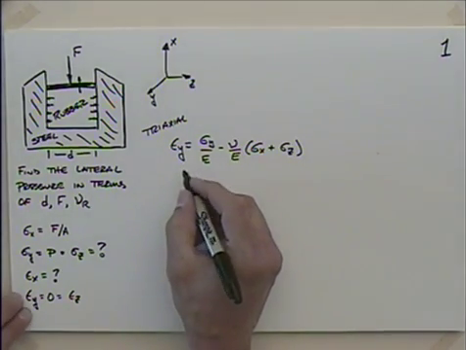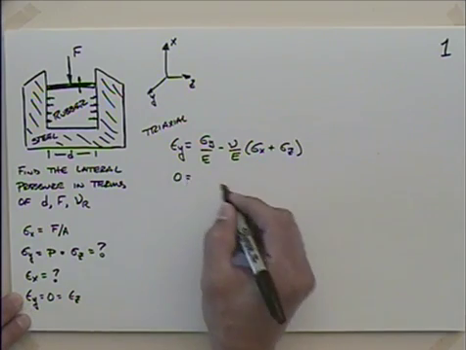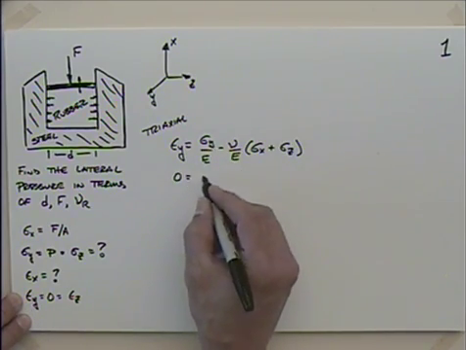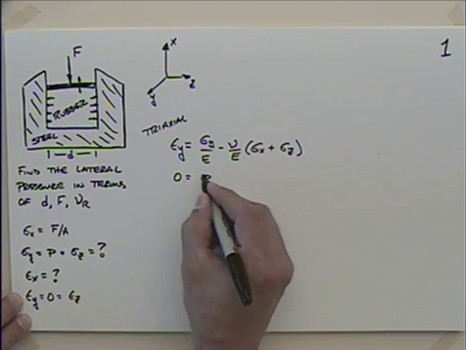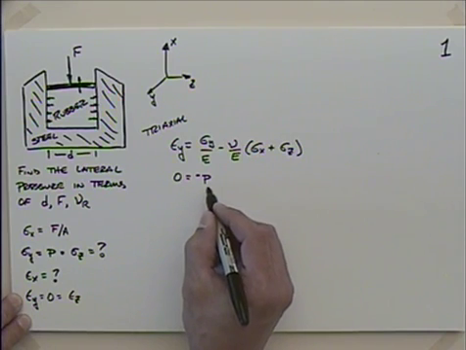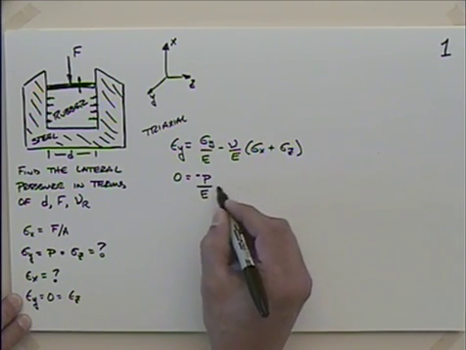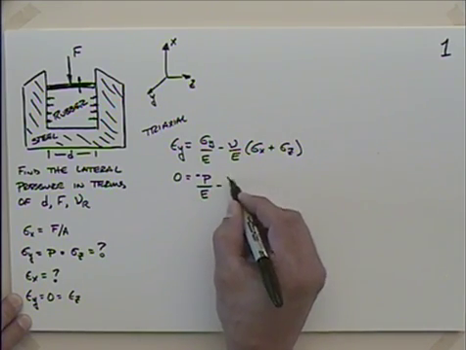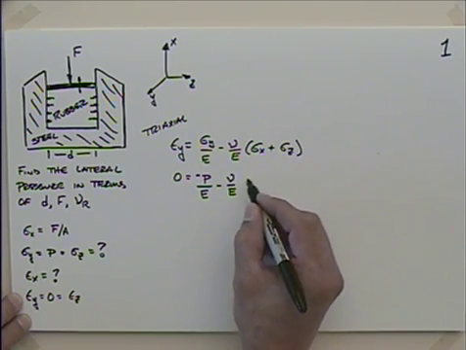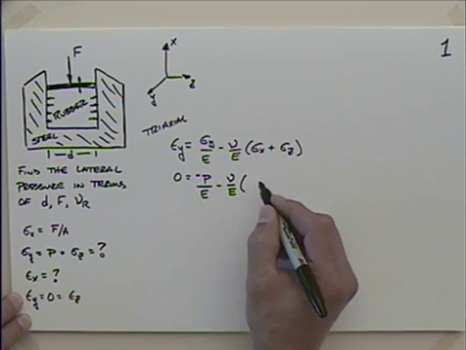We said epsilon y, that was equal to 0, is equal to sigma y. That's going to be what? P. And it's in compression, so I'm going to say that it's negative P over E, and then I'll have minus Poisson's ratio, that's for the rubber piece, over Young's modulus. And then I've got what?